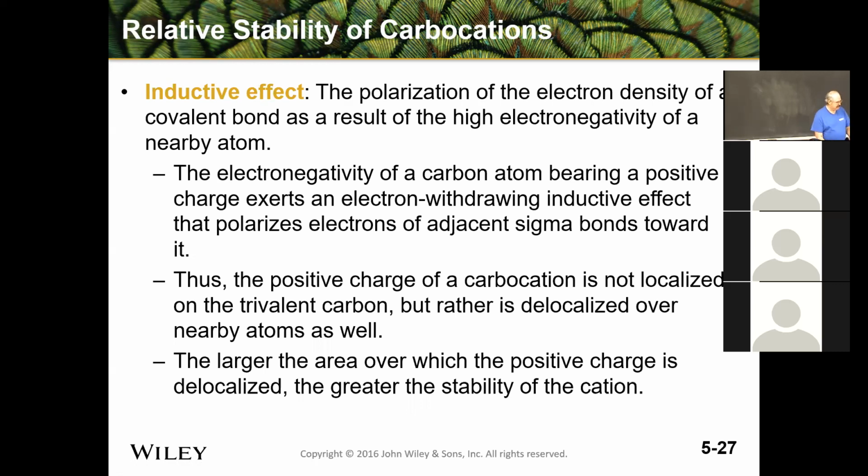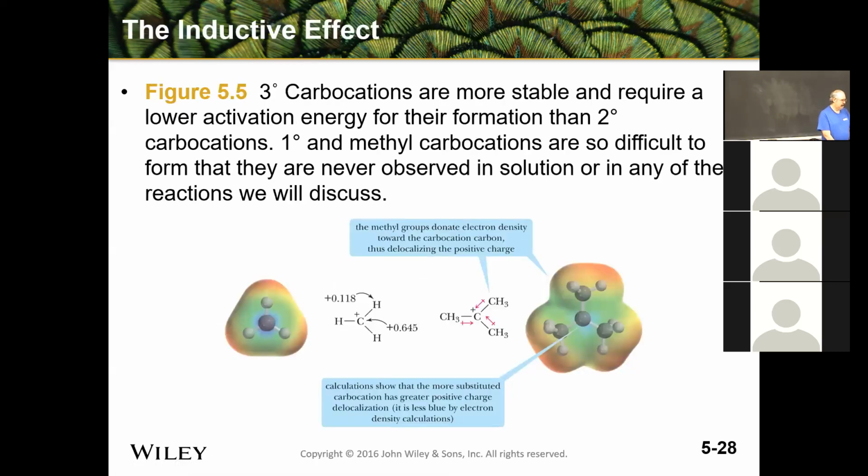This is a general principle which applies to a lot of things in organic chemistry: the larger the area over which the positive charge is delocalized, the greater the stability of the cation. So here's a methyl versus a tert-butyl.